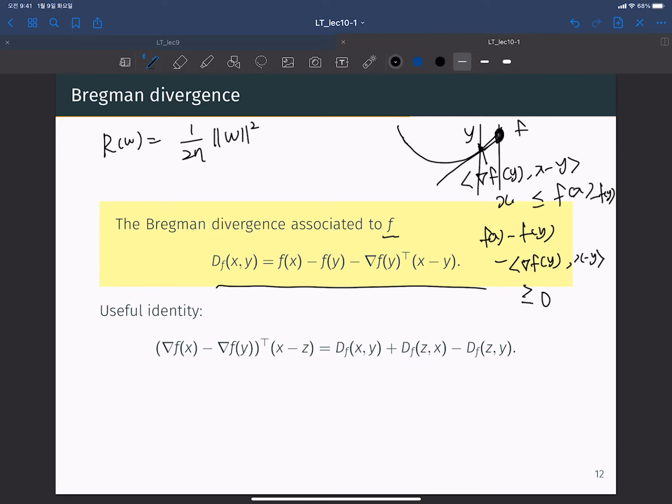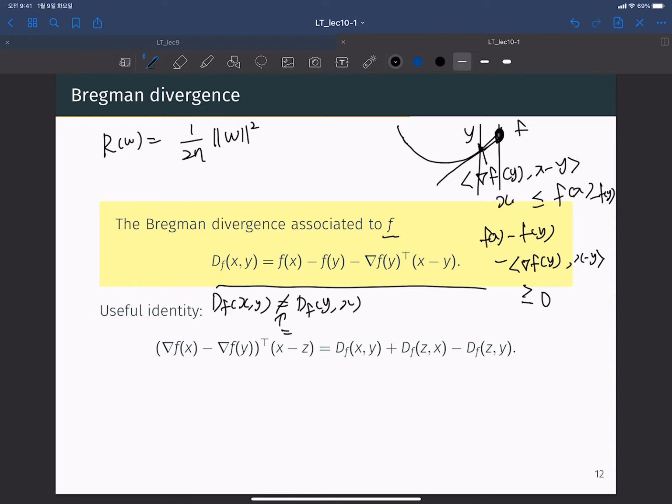But note that the Bregman divergence is not a distance. Usually D_f(x,y) is not equal to D_f(y,x). So when you swap the x and y positions, we cannot guarantee equality. I mean, the Bregman divergence is not symmetric. Of course there are some cases where equality holds, but usually with a general function f, the Bregman divergence does not have the symmetric property.